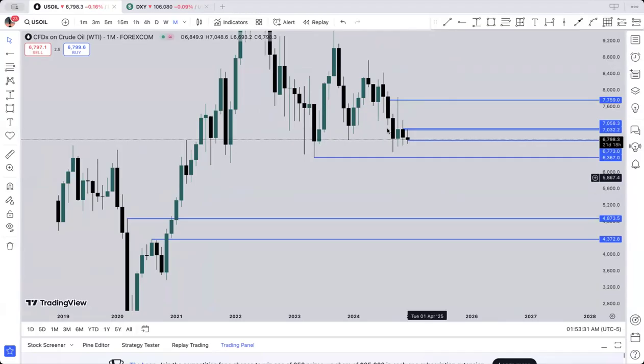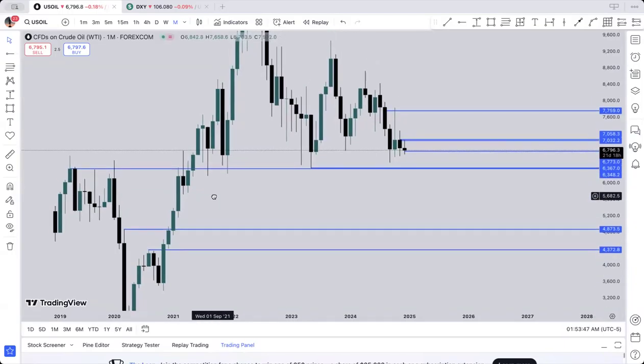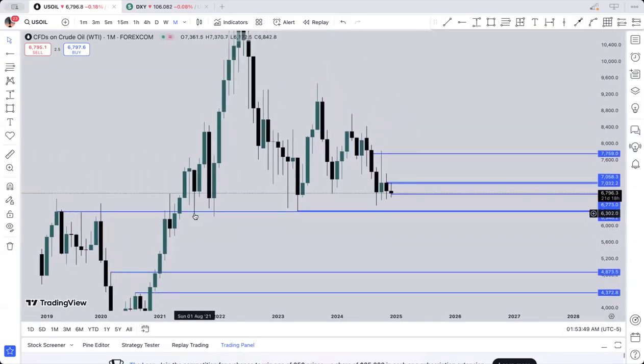At the same time, you have to pay attention to this last up close as well, before price dropped. Technically, this is the real order block because that was the last up close before price dropped. And you've seen that price has used that many, many times.